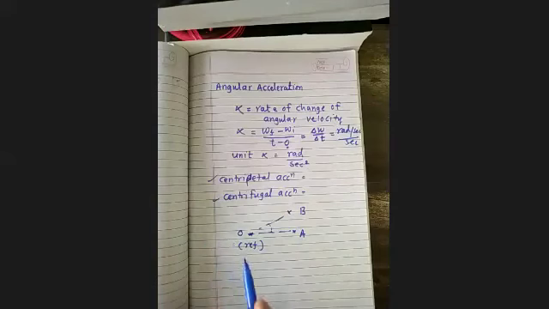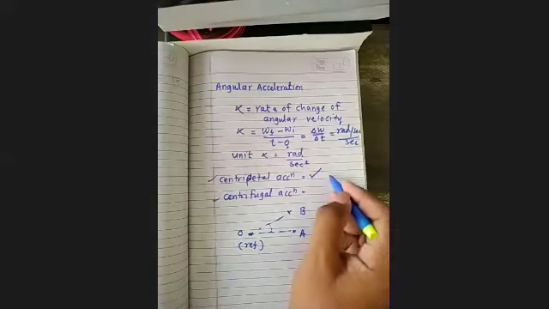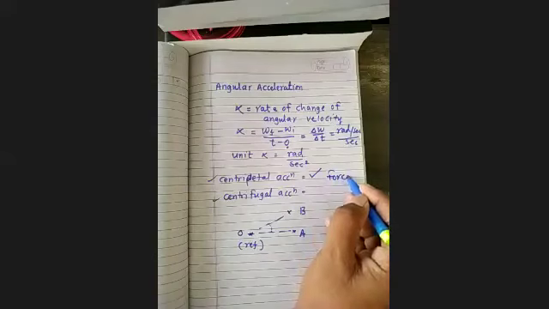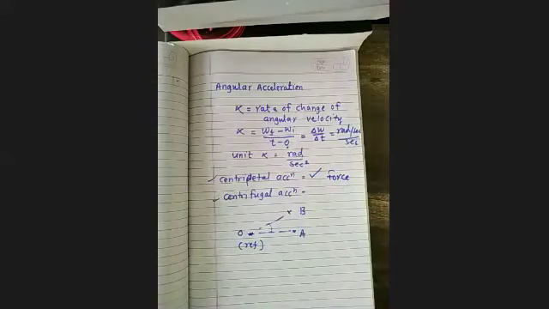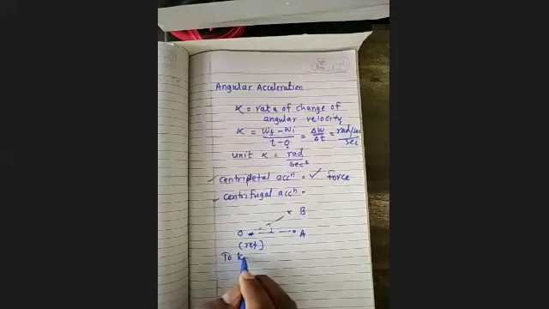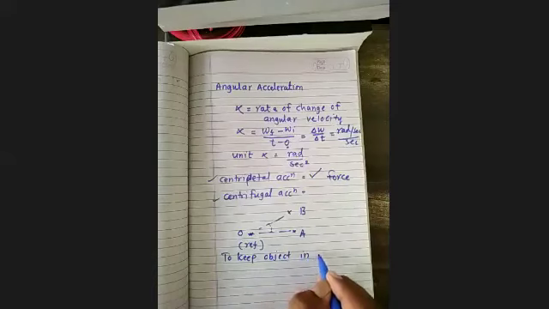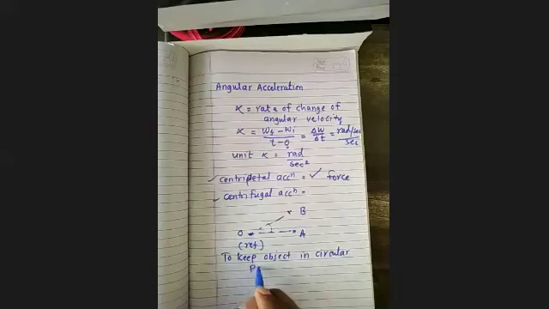That kind of physical quantity is called centripetal acceleration or centripetal force. So this is the physical quantity which is responsible to keep the object in a circular path.